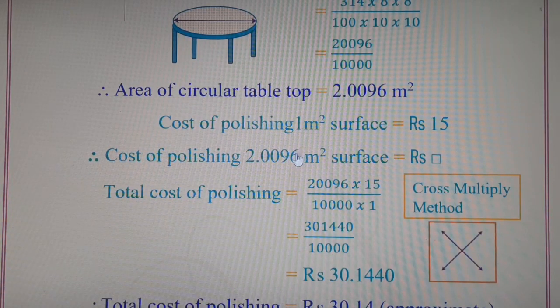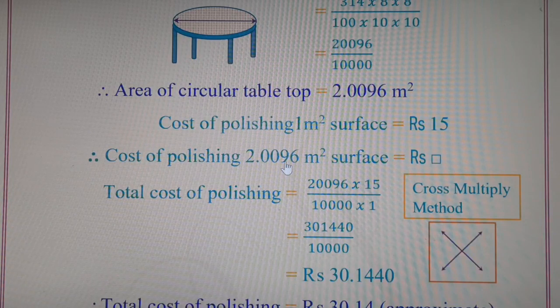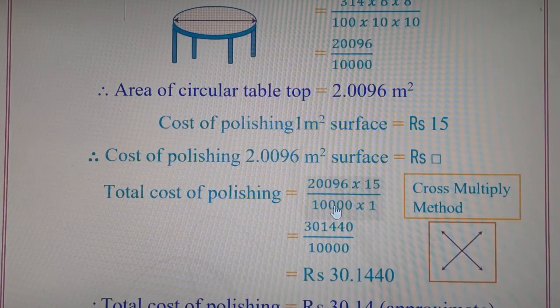So the right diagonal of the cross multiply will be written in the numerator and the left diagonal will be written in the denominator. So 2.0096 has to be multiplied by 15 in the numerator and 1 multiplied by the box, or only 1 has to be written in the denominator. Now the decimal point from 2.0096 is removed and we are writing 10,000 in the denominator. 2.0096 upon 10,000, and it has to be multiplied with 15.